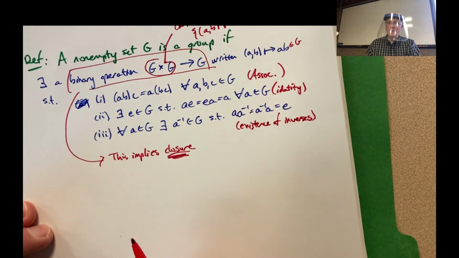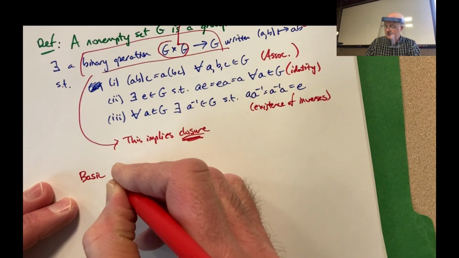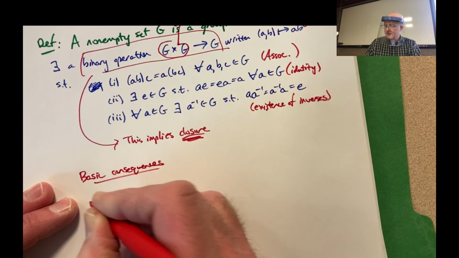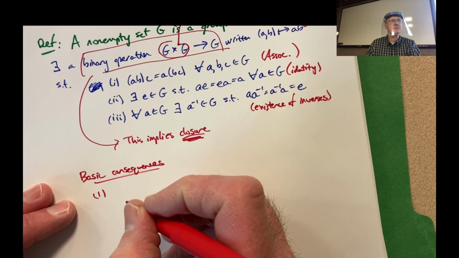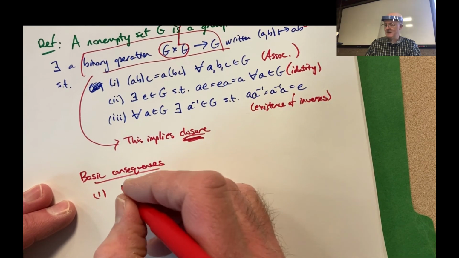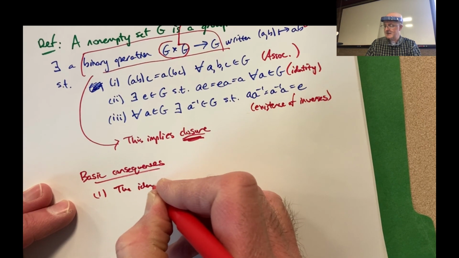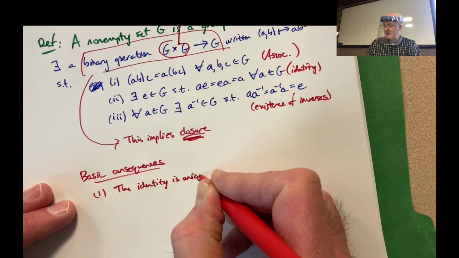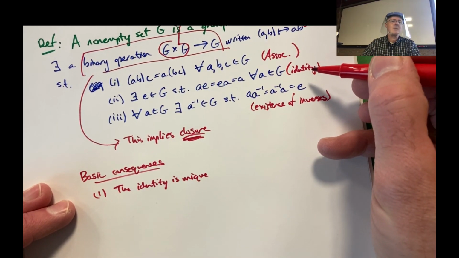Some basic consequences of this definition that can be proved. I do prove in the lectures, and the book proves as well, that, for example, the identity is unique. There can only be one such element E that satisfies this property right here.